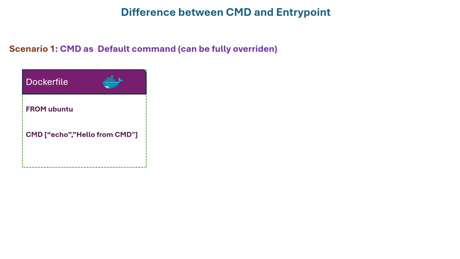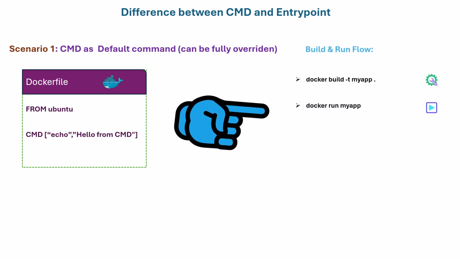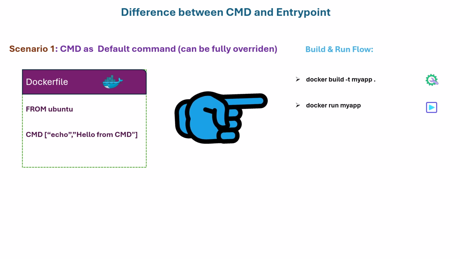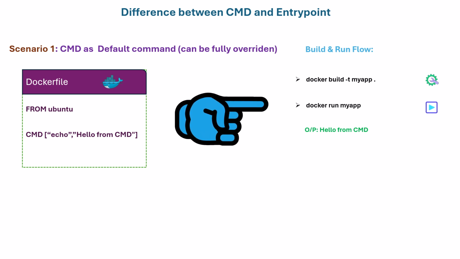Once the Dockerfile is ready, we build the image and then run the container without passing anything. Then the output is hello from CMD. That's because CMD provides the default command when nothing else is specified.